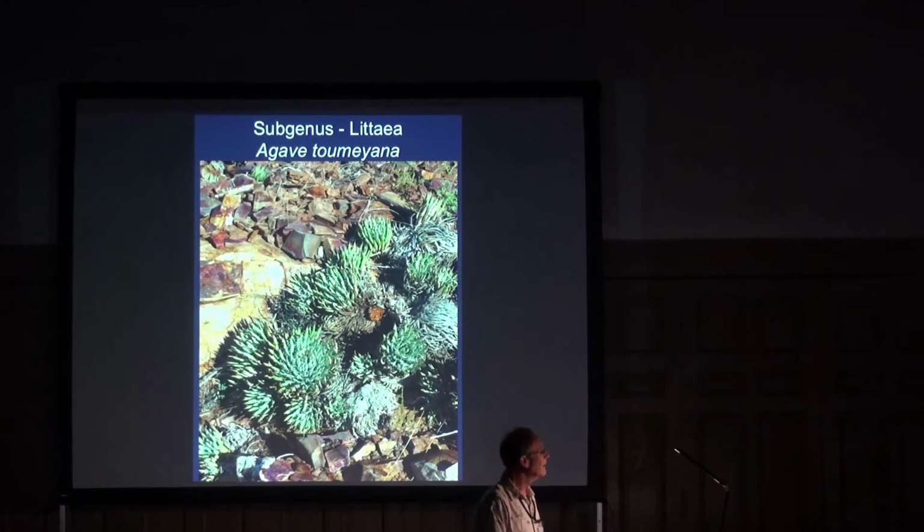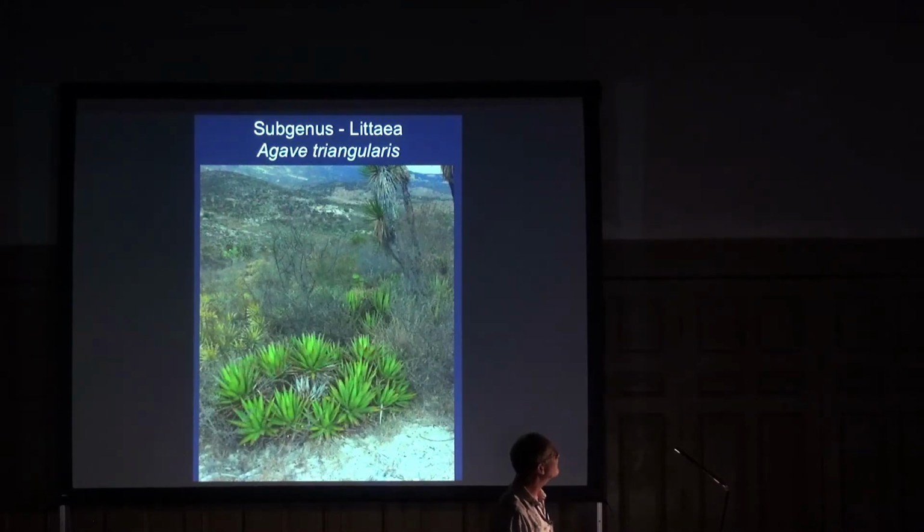Agave tumiana, it'll produce a lot of offsets. Again, we see the lack of plants in the middle. They flowered out and have died off and decomposed some, and you've got more offsets to carry that genetic line through. Agave triangularis, same type of thing.